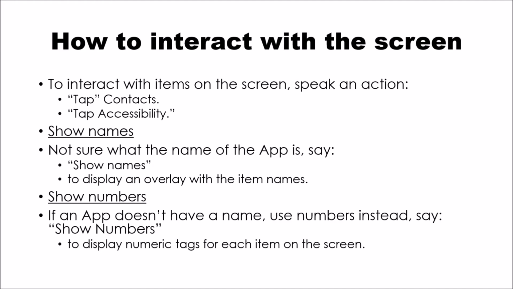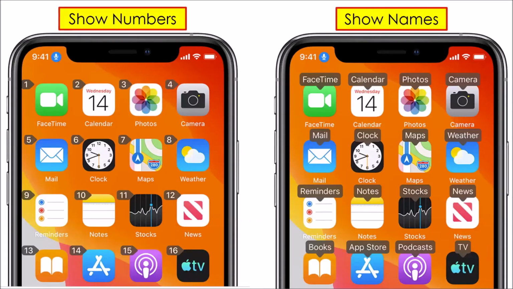Now, let's take a look at what that looks like when you say that. Over on the left-hand side, show numbers. Over on the right-hand side, show names. Now, to continue on, you could say, touch 6, tap stocks. Makes it easier.